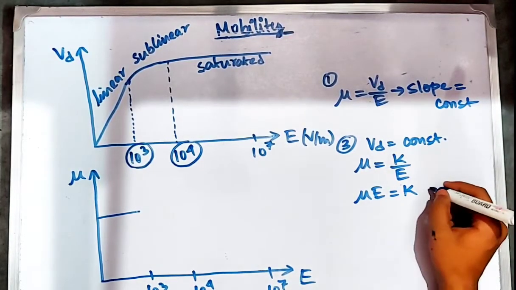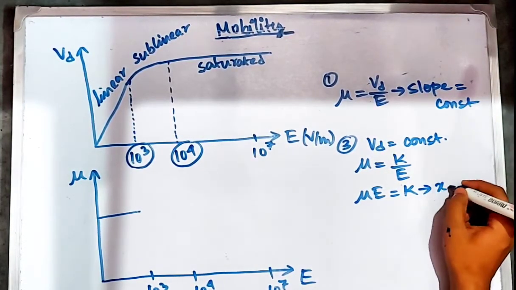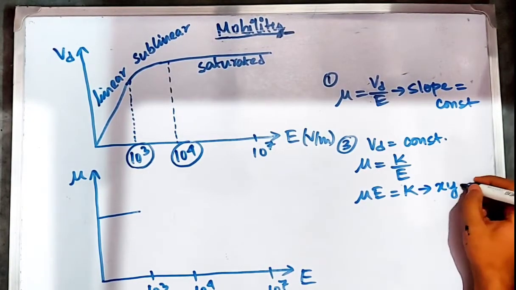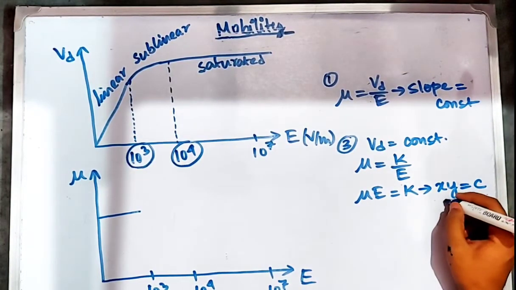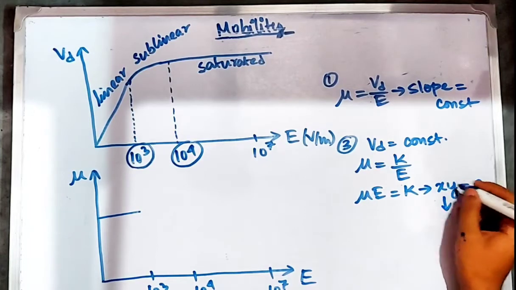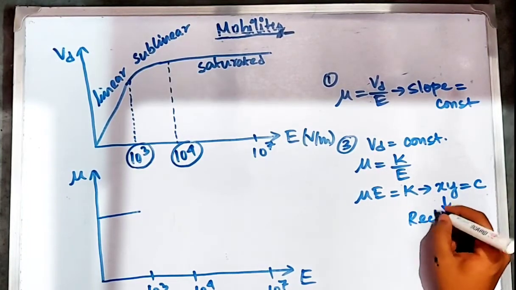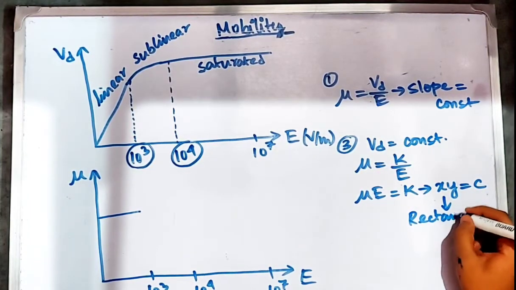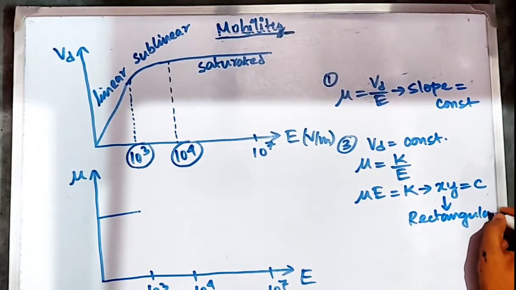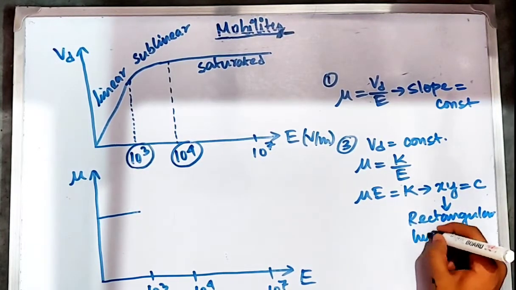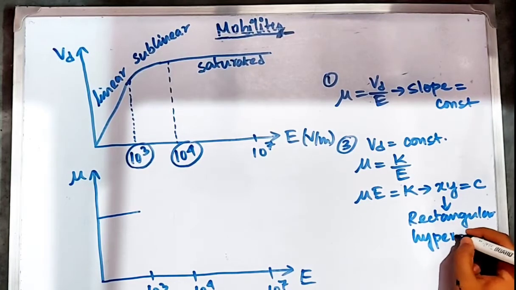It looks like the locus equation of a rectangular hyperbola. The locus equation of a rectangular hyperbola is xy equal to c.